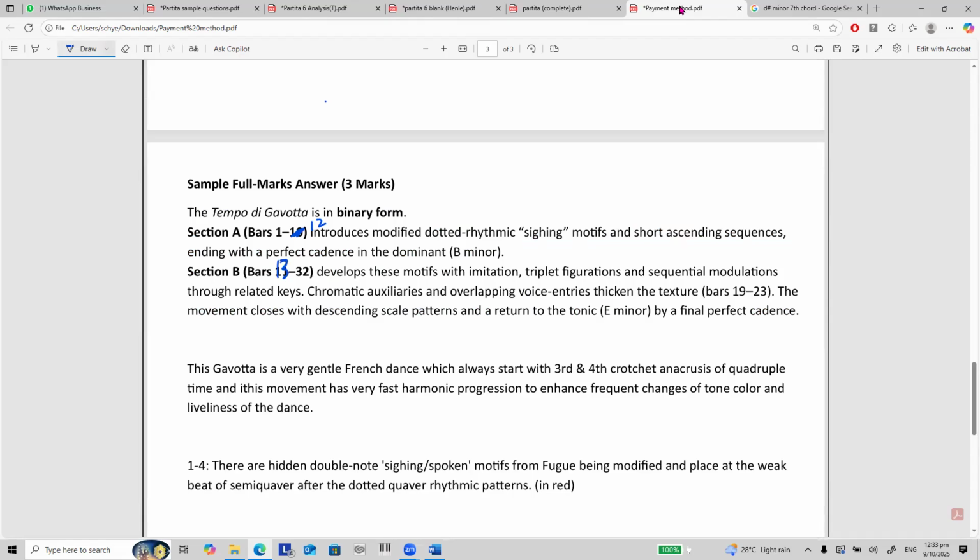You start to see the motif being developed, and there are triplets and sequential modulations being used throughout.